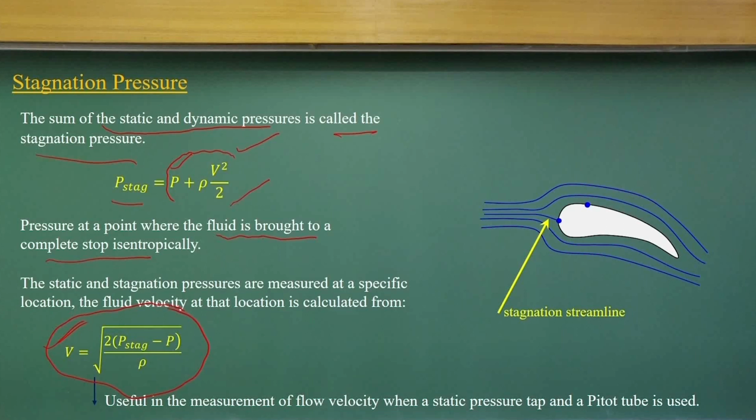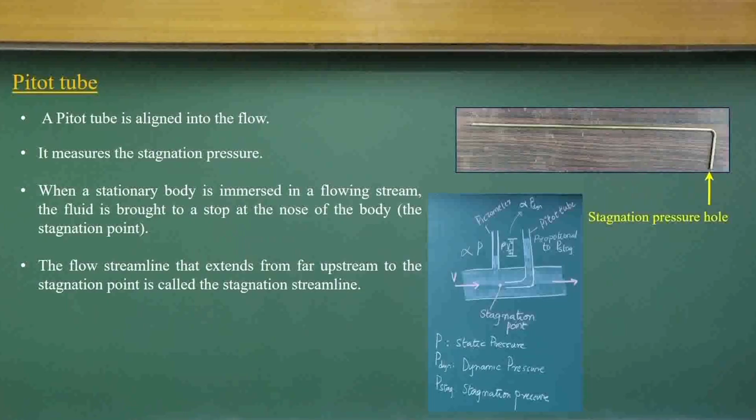This is the equation used to measure the flow velocity when a static pressure tap and pitot tube are used. This is the same concept of the pitot tube as I explained to you. Basically it measures the stagnation pressure, which has both components, and if you have the piezometers, then you can differentiate it and find the dynamic pressure, and once you know the dynamic pressure, you can compute what the velocity could be.